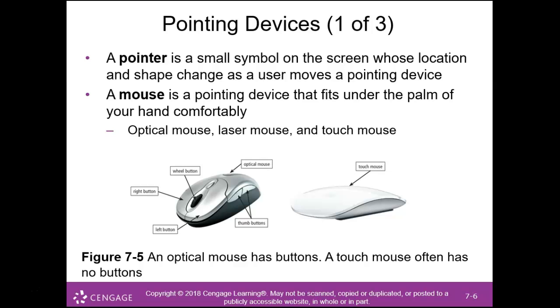And so the movements of this pointing device are echoed on the screen by a pointer, or sometimes we call it a cursor, or maybe even other visual changes. Sometimes a hand pops up.